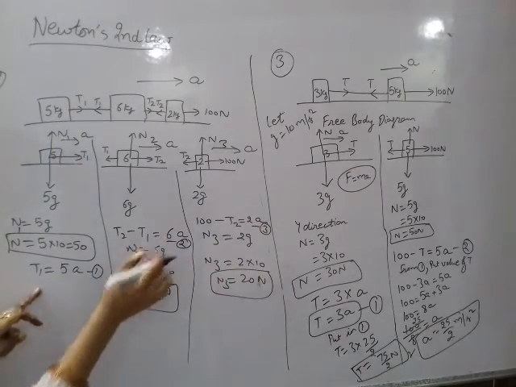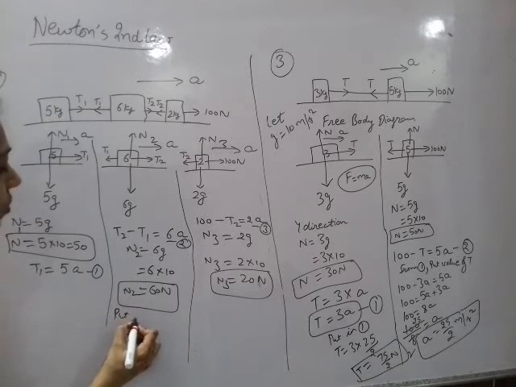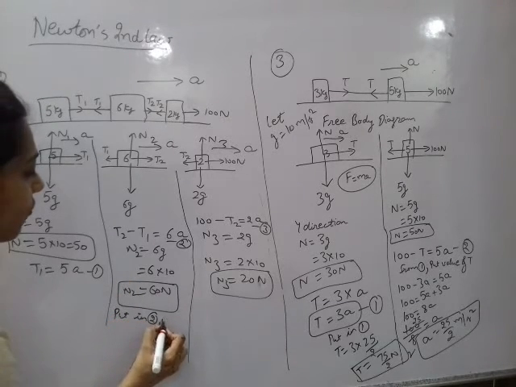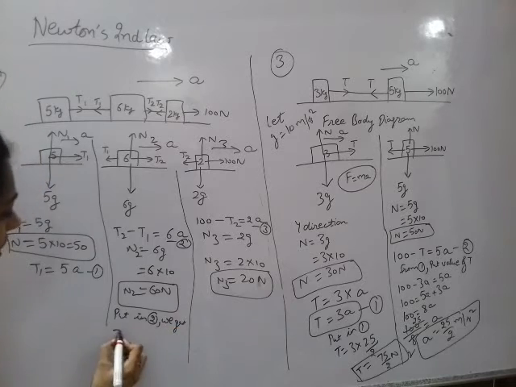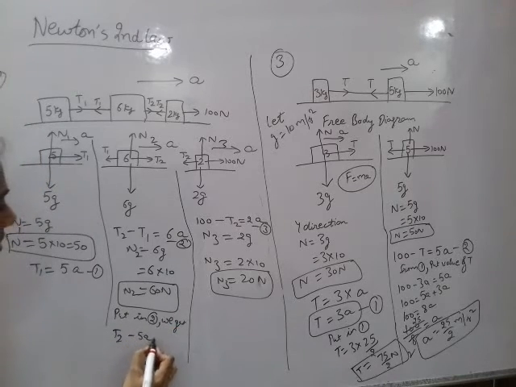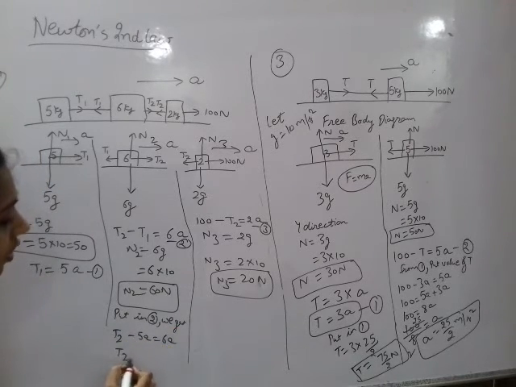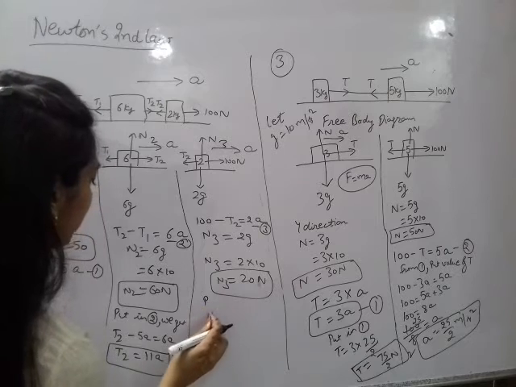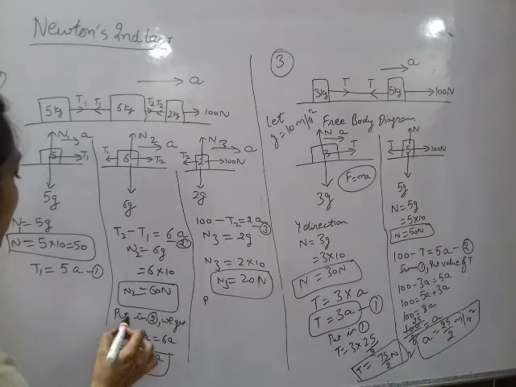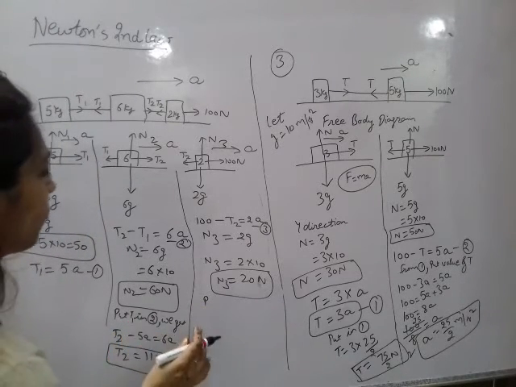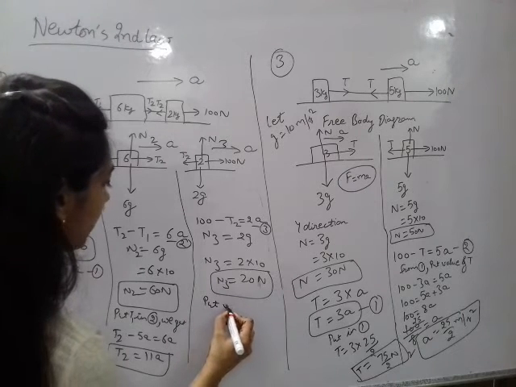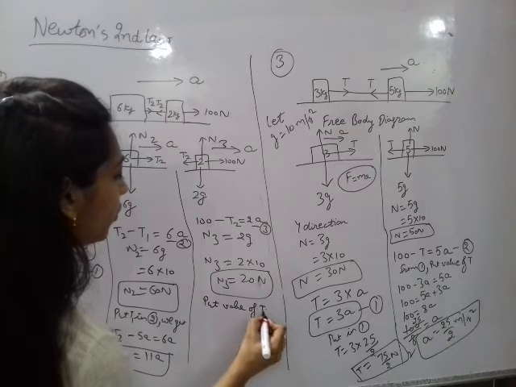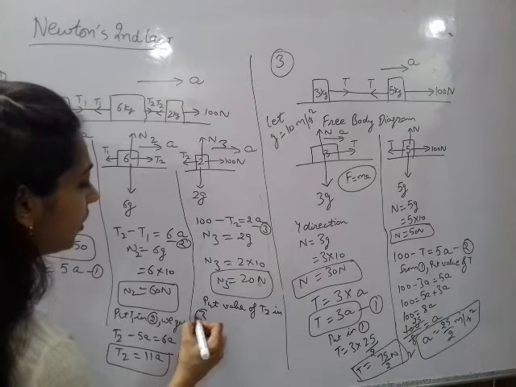T1 is equal to 5a. Put in 2, we get T2 minus 5a is equal to 6a, or T2 is equal to 11a. From the third, put the value of T2 in 3.